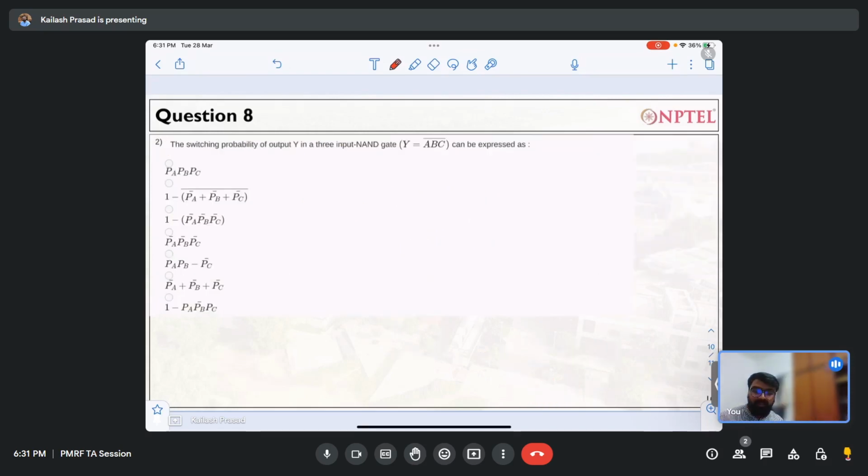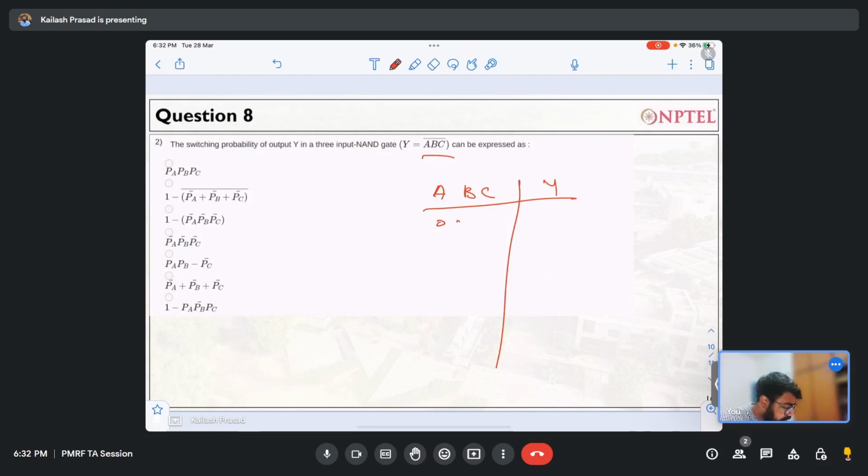Now the last question is: what will be the switching probability of output y in a 3-input NAND gate? The 3-input NAND gate has been given over here. Let me quickly draw the truth table for you: A, B, C, and y.